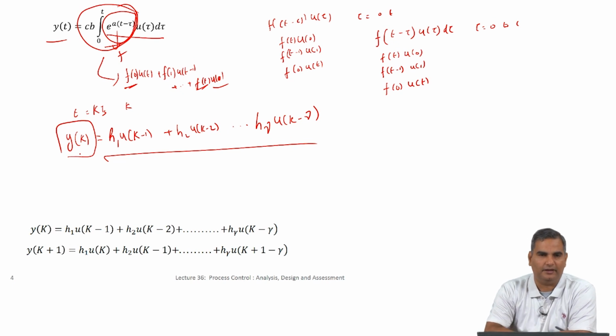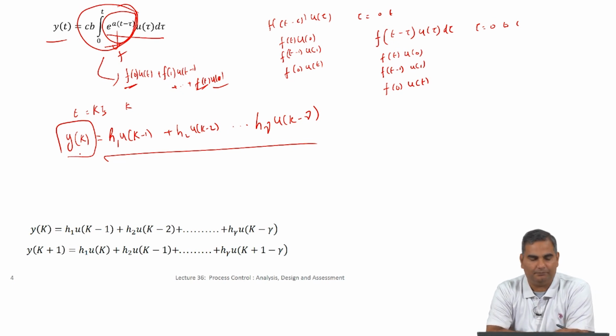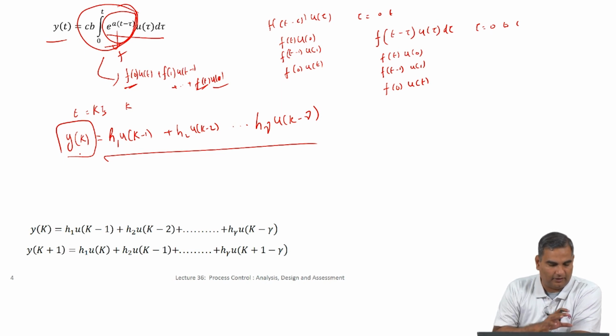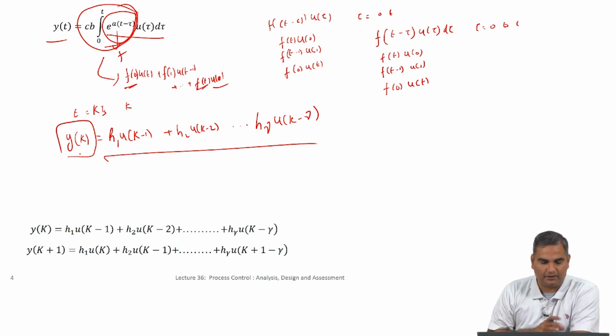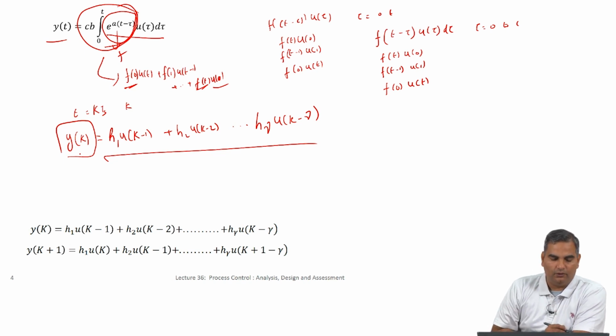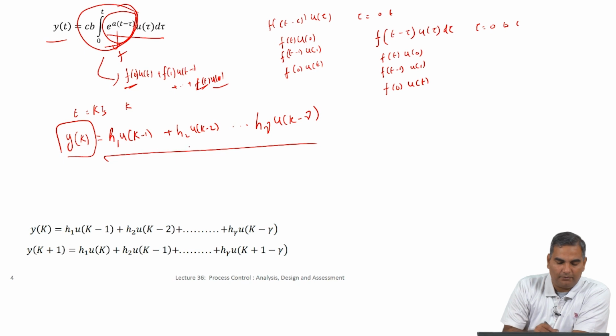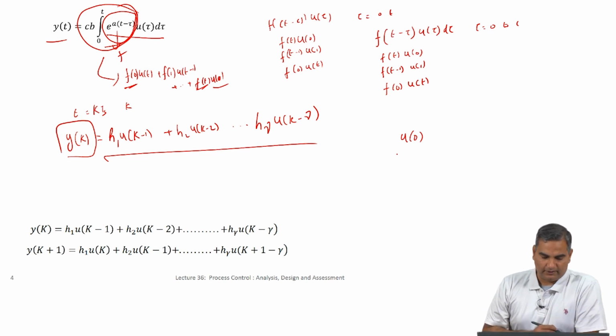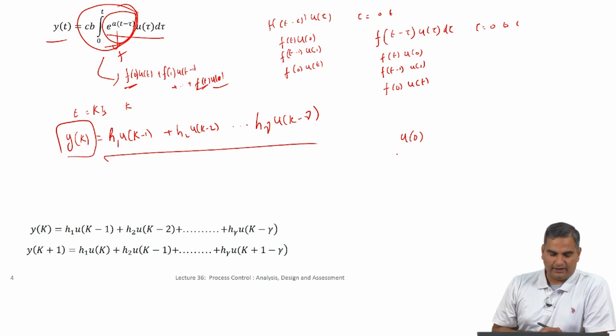So, you would typically expect that things that are recent will have more impact. In general, this need not always be the case, but anyway, as far as this class is concerned, let us keep things simple and simply interpret this equation. So, the past moves are u of k minus 1, u of k minus 2, u of k minus gamma, and in fact I will go all the way to u of 0. But in general, when we look at these discrete model forms, what we will say is there is some memory in the system, right.